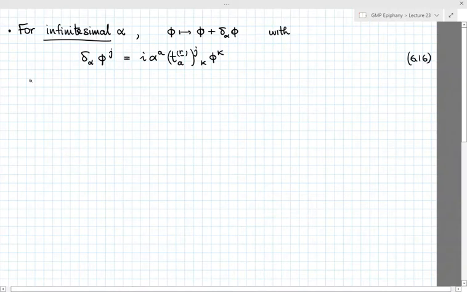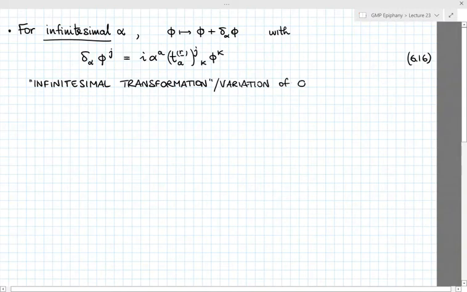And we'll call this the infinitesimal transformation or variation of phi.